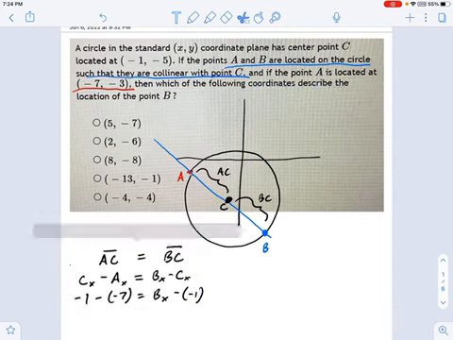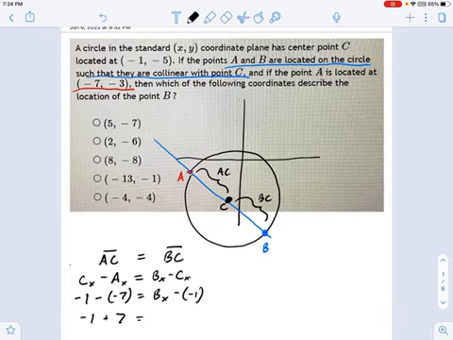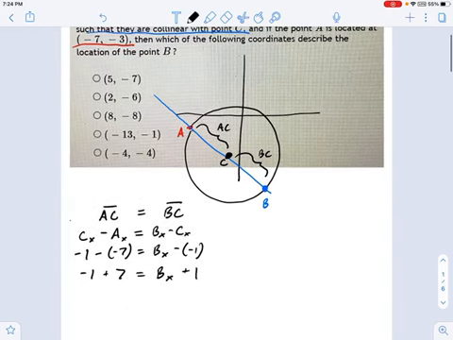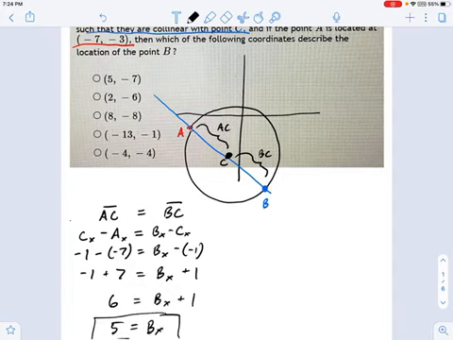Bring it over here. If we solve this equation, -1 minus -7, well, that's -1 plus 7, and BX plus 1. So this becomes 6 equals BX plus 1, and that means -1 from each side. BX is 5. In other words, the x-coordinate of point B is 5.